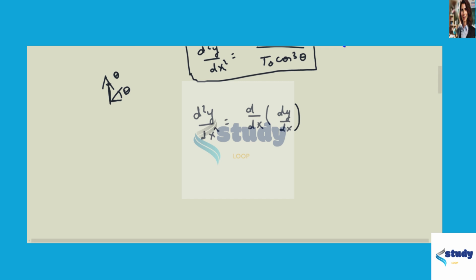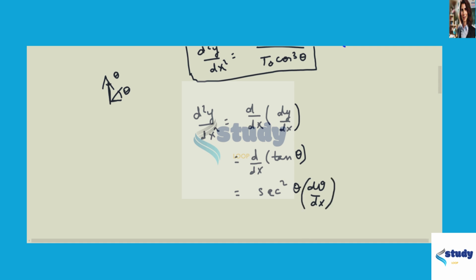So we can write dy upon dx as tan theta. So this becomes d by dx of tangent of theta. And the derivative of tangent theta is secant square theta d theta over dx.